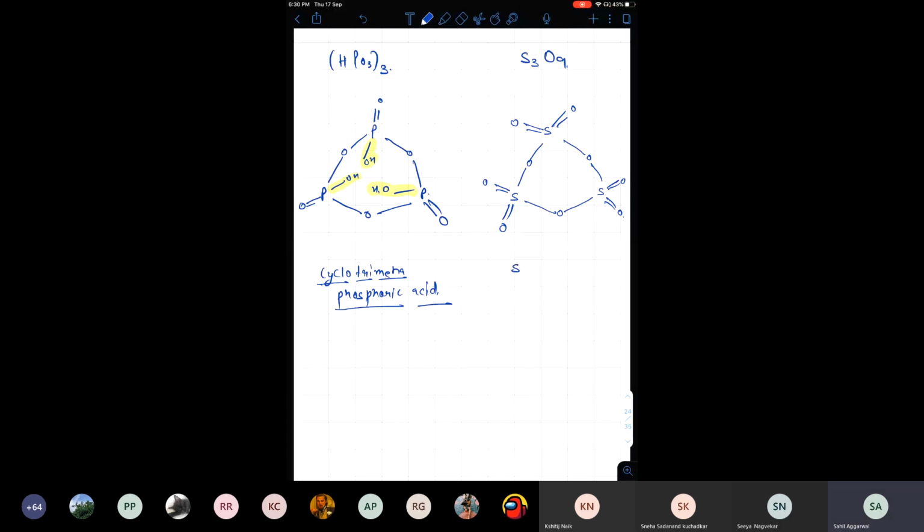This is sulfur trioxide trimer. Understood?